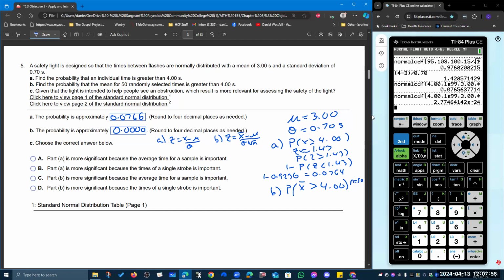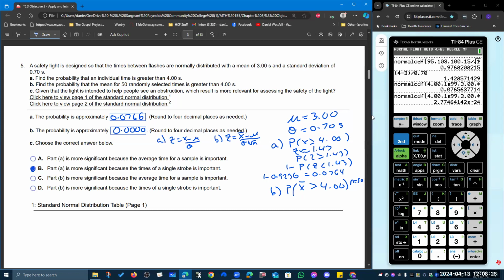And so now we want to know which of these is more significant: the individual light flashes or the average of 50 light flashes. The individual light flashes are more important because the time of the single strobe is important.